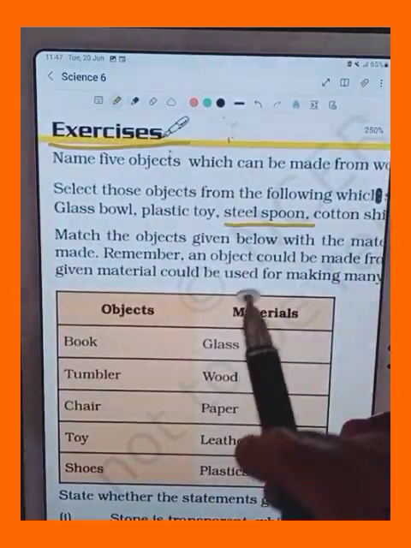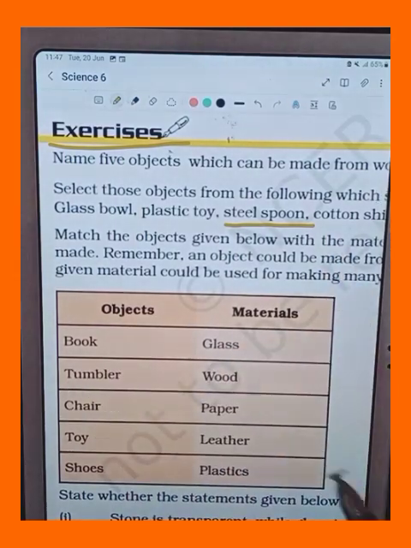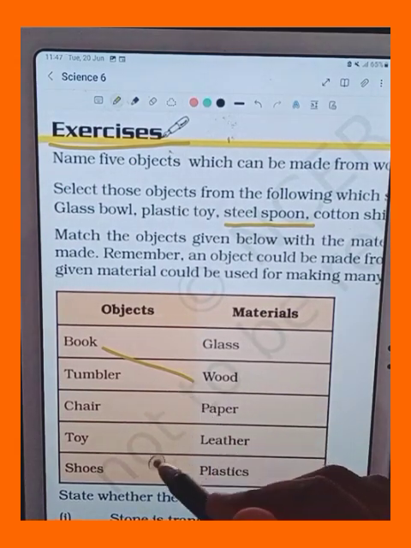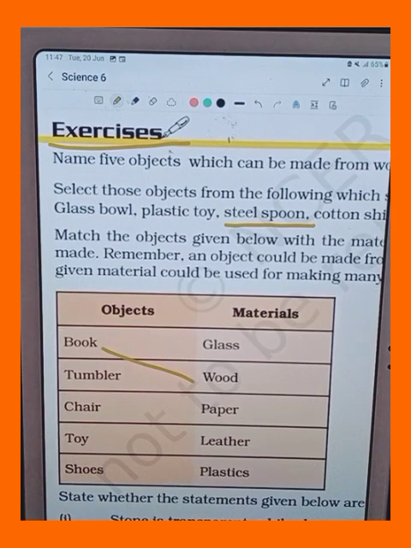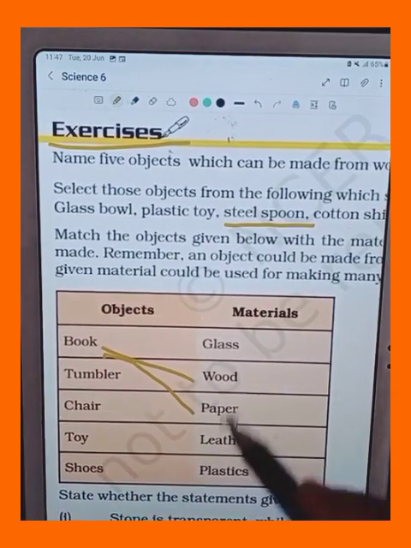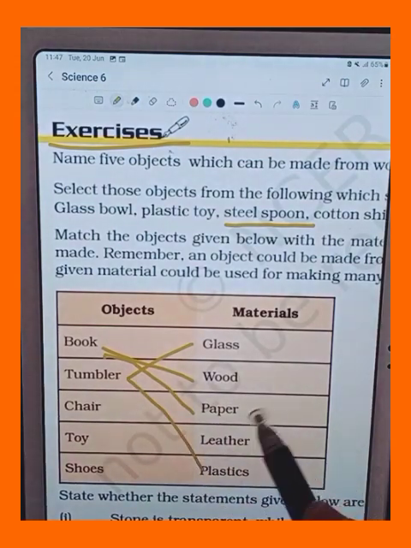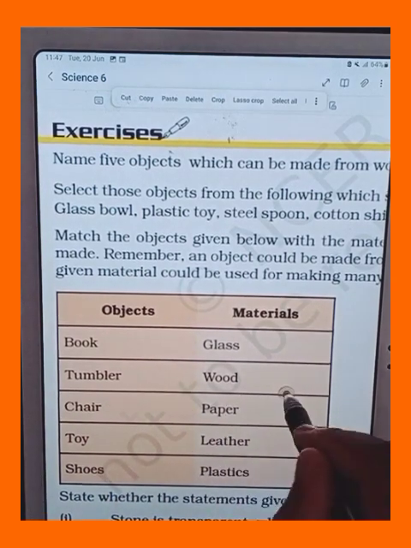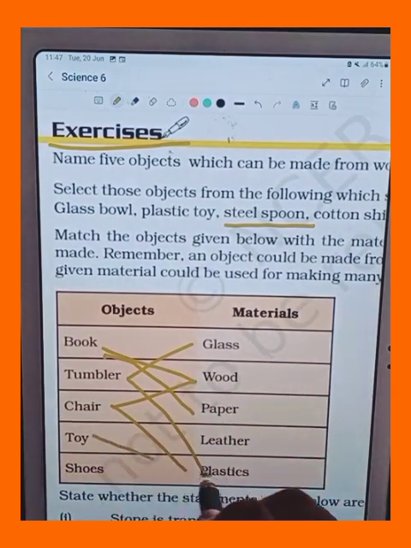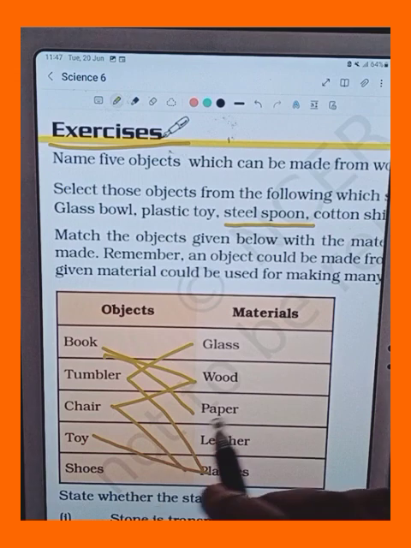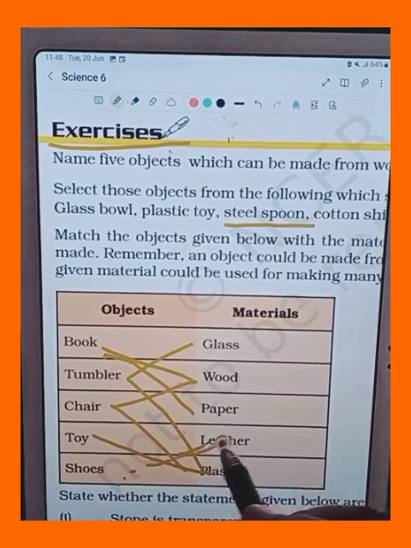Wood: book. Paper: book. Tumblers can be glass or plastic. Chair can be made from wood, or of plastic. Toys can be made from plastics. And shoes can be made from leather.